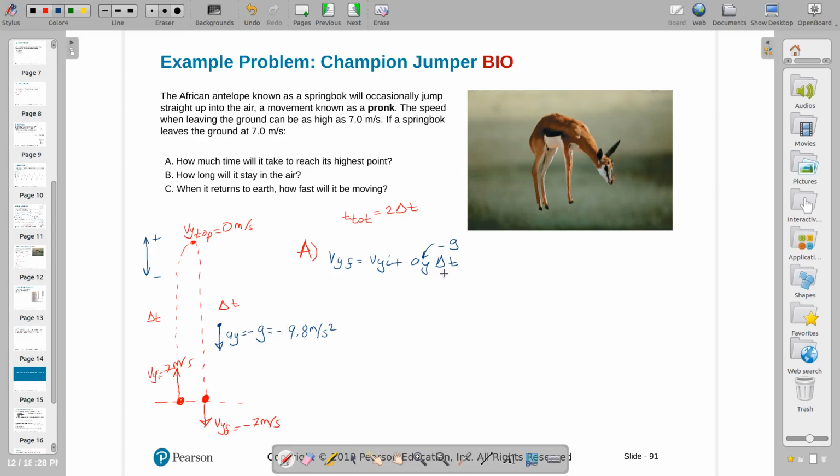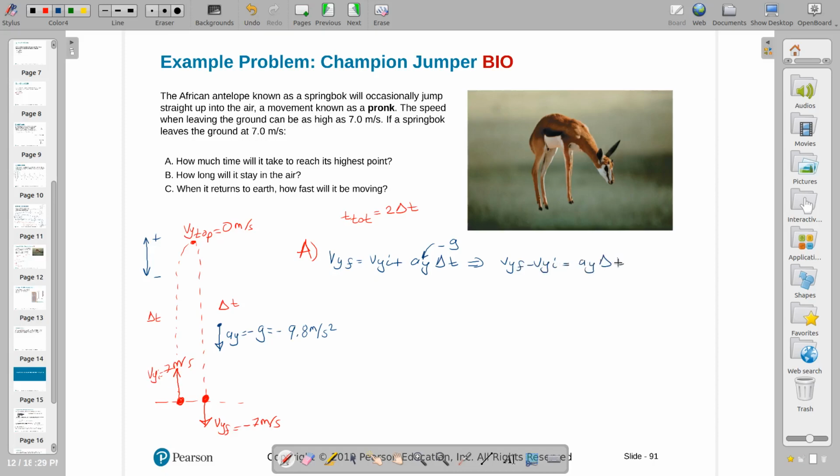To solve for delta t, let's go slow with the algebra in case you are rusty. I'm going to leave the Ay delta t term here and take the other term to the other side. It goes as minus because it's plus here. In other words, I deduct Vy initial from both sides, and I have Vy final minus Vy initial equal to Ay delta t.